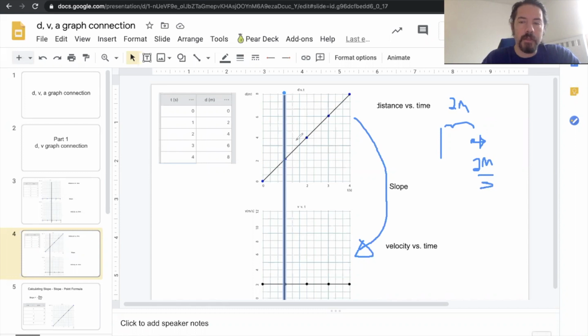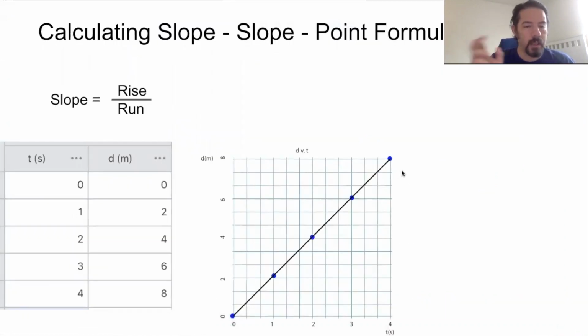This graph talks about the distance it traveled, and this graph talks about how fast it's going over the same time interval. That's pretty straightforward. It's not as straightforward when we get into acceleration, because then we're going to have different graphs with a lot more variation in what we get out of them.